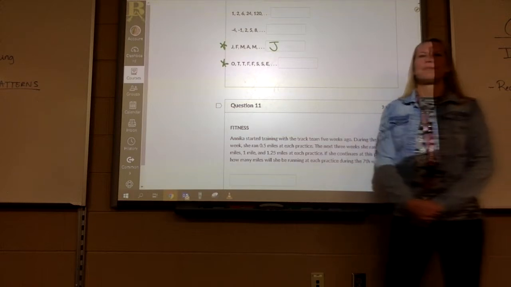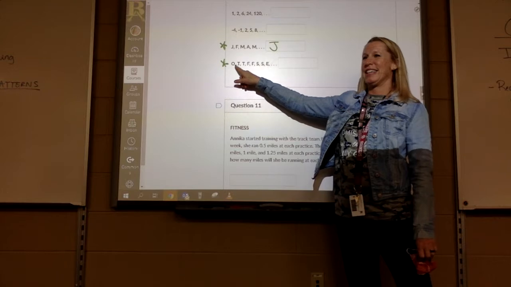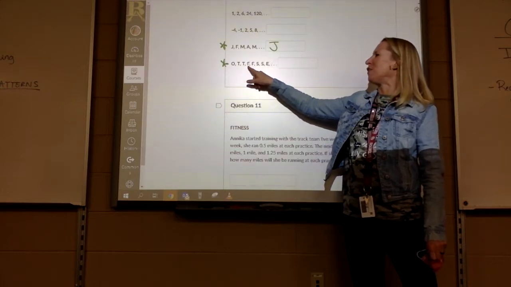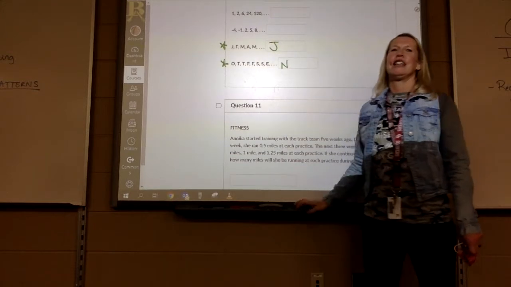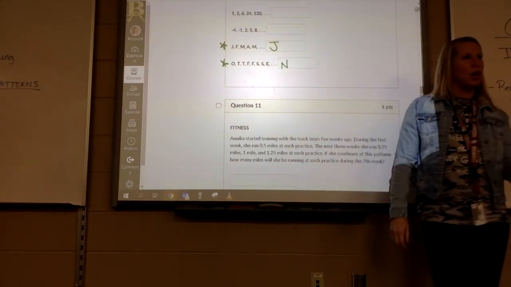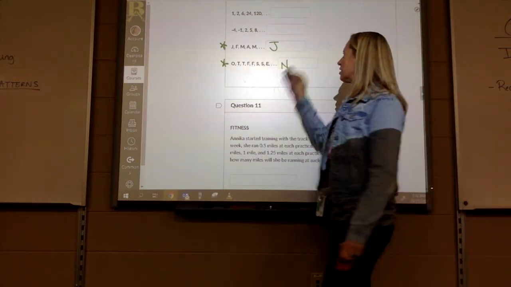Try to count. 1, 2, 3, 4, 5, 6, 7, 8, 9. You're right, N. Does that make sense? 1 starts with O, 2 starts with T. Anyway, it is patterns today.